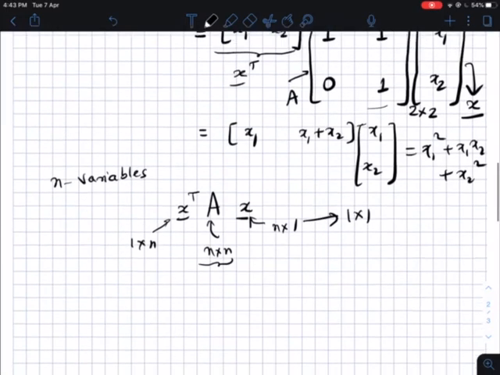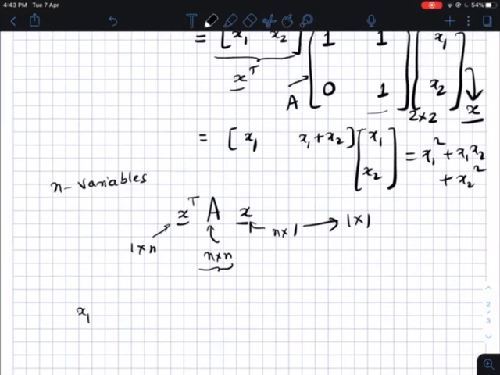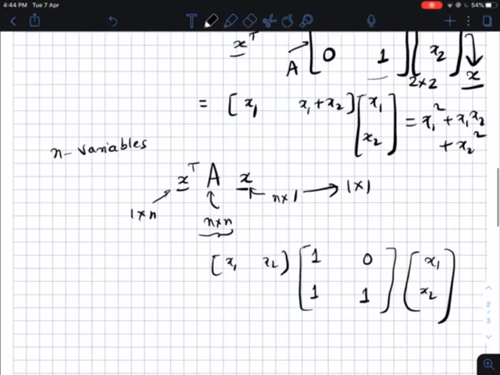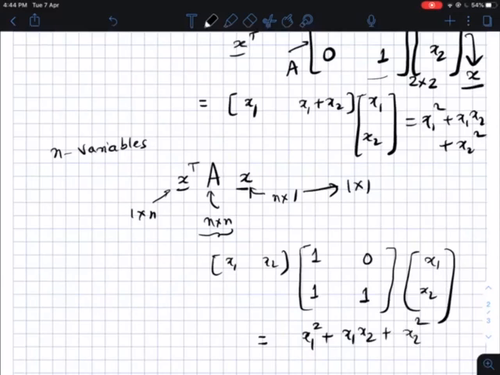For example, you can also take the following matrix: 1 1, 0 0, 0 1, with x1 x2 on both sides. With a simple matrix multiplication, you can check that this again computes to x1 square plus x1 x2 plus x2 square.